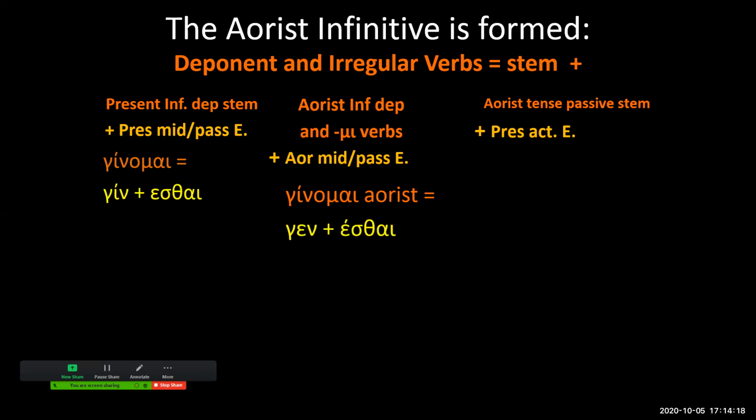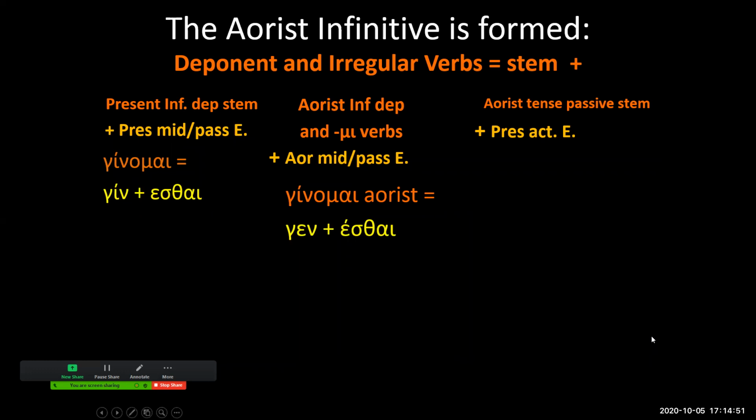They see ginomai, they see gamma epsilon nu, and don't realize that gamma epsilon nu is the aorist stem of this verb, and gamma iota nu is the present stem. So watch out for that. And watch out also that you don't have two nus, which means you probably have the verb gennao. That's another one we get easily confused.